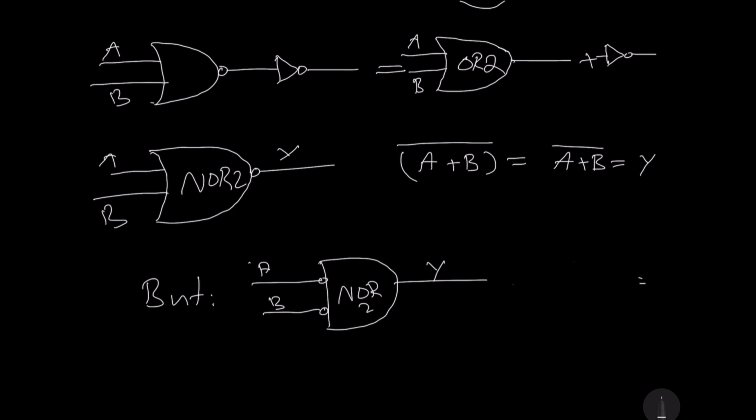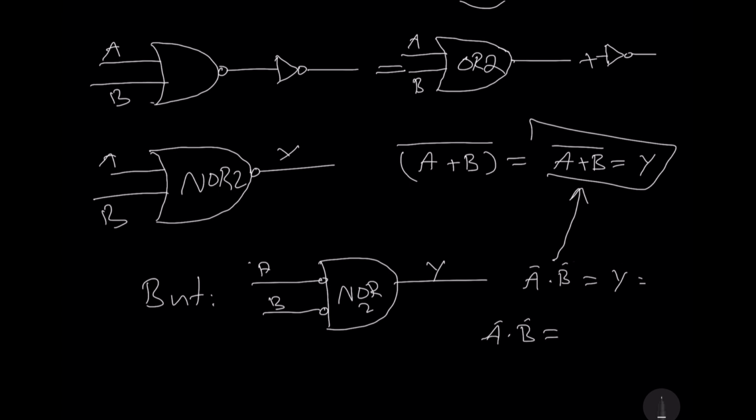We will have to write A not, B not, equal to Y. And then it's a different case. We can convert that using De Morgan's theorem, and we will write this one like that. We can write this as the function A not and B not, or A and B, is equal to Y. So that will be for this logic gate.